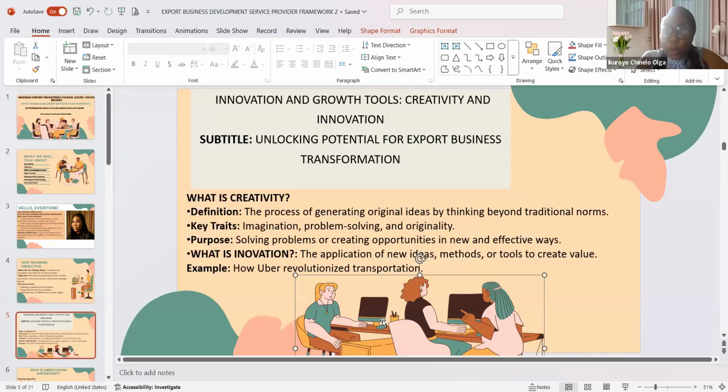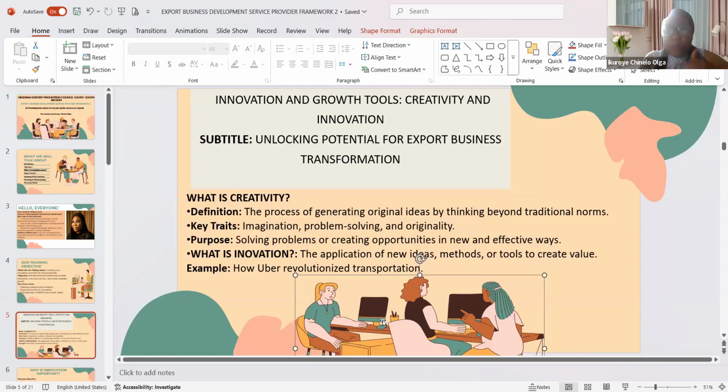I'll repeat again so that we understand: creativity is about thinking outside the box. You have a product, and it is a particular way. You want to restructure your product, so you're thinking outside the box, not about the product you have. You want to generate new ideas, and like I said, it goes beyond traditional norms.